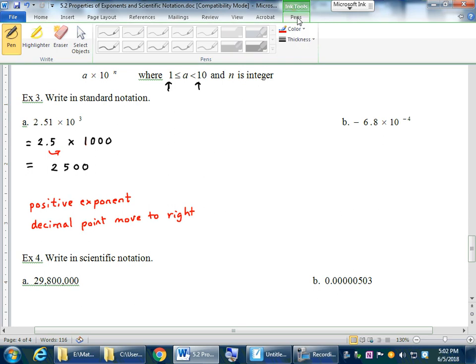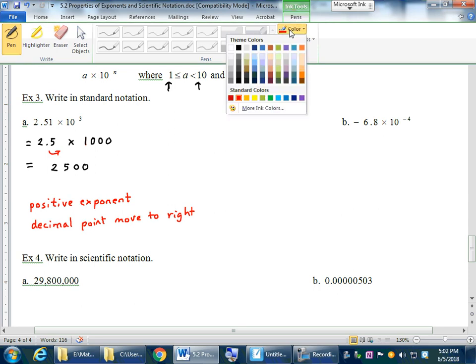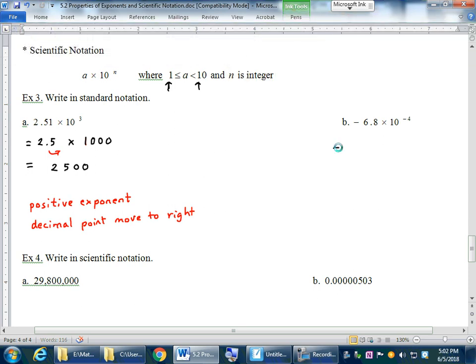So take a look at the second example. This basically means negative 6.8 times 10 to the negative 4. We don't know how to compute it with a negative exponent, so it will be 1 over 10 to the 4, changing into a positive exponent. So this becomes negative 6.8 times 1 over 10,000.